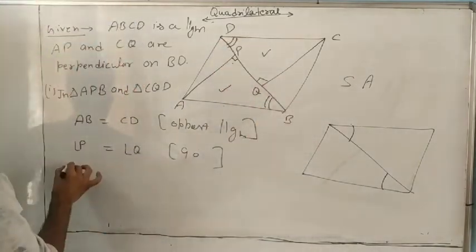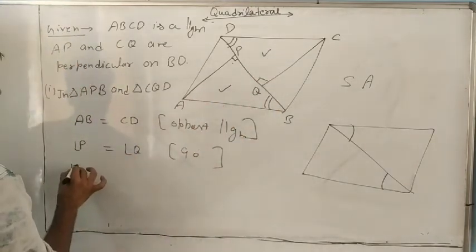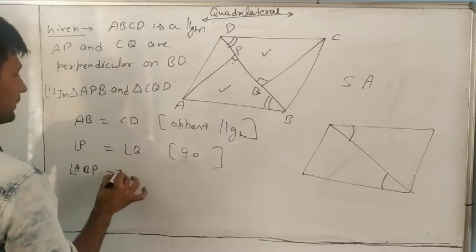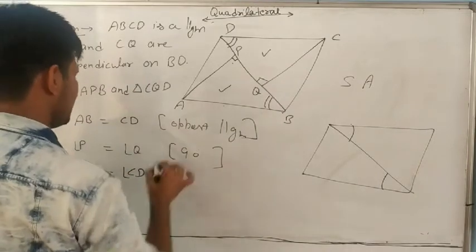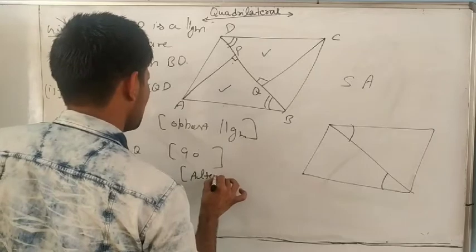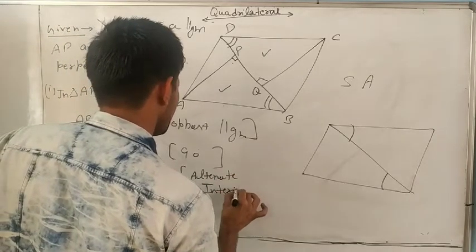So you can write angle ABP equal to angle CDQ. Right, reason: alternate interior angles.